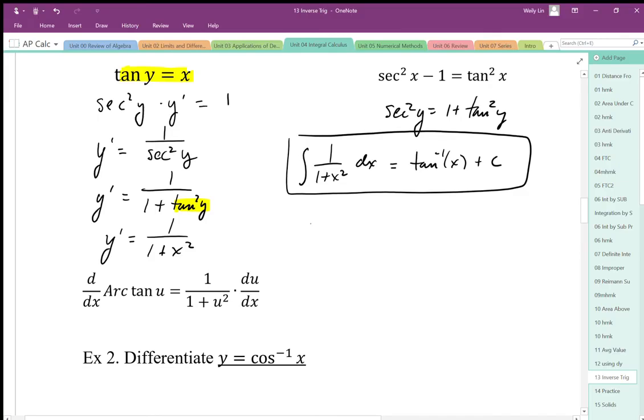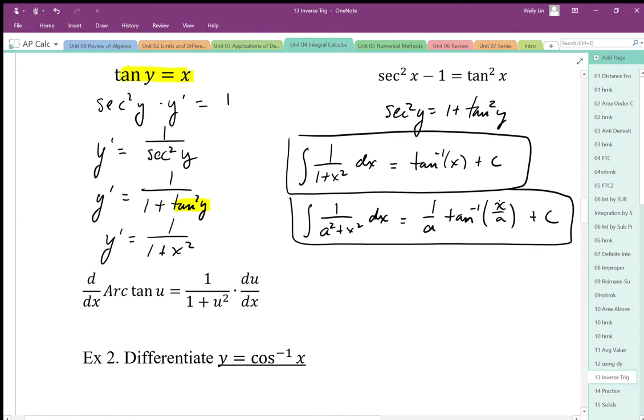Again, I'm going to show you another one here, which is more of a generalization. I'm not going to elaborate on how we get from here to this expression. This becomes 1 over a, arctan of x over a, plus c. These are ones that we should now have as our standard integrals.